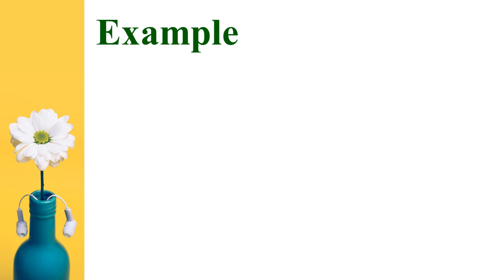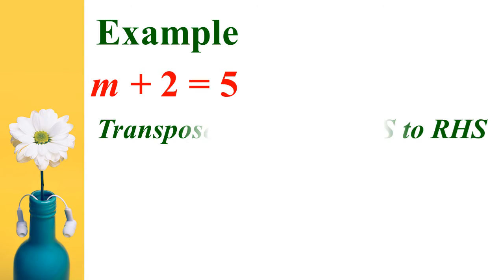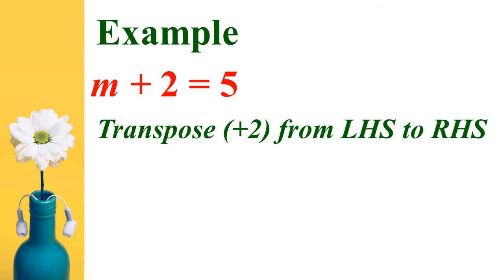Now let us understand with one example. The given equation is m plus 2 equal to 5. Now find the solution of the equation m plus 2 equal to 5 by the method of transposing. First we have to transpose plus 2 from the left hand side to the right hand side.